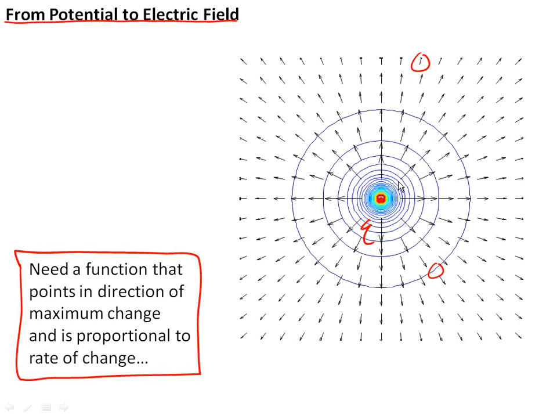In other words, the closer these equipotential lines are together, the longer the arrows are. And it turns out that there is a function that takes derivatives of potentials, of scalar fields, and turns them into vector fields, and that function is called the gradient.